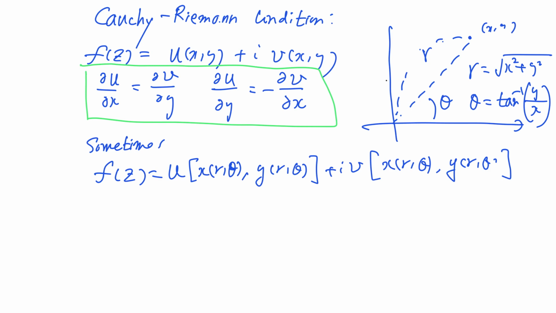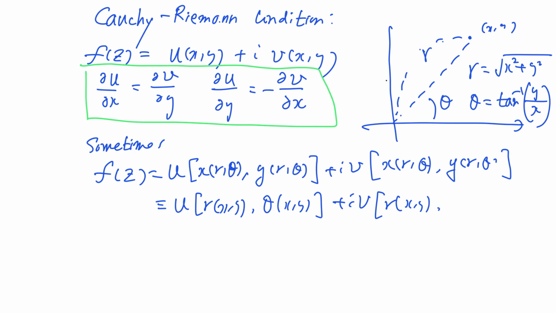So what if, or sometimes you can say u(r(x,y), theta(x,y)) and v(r(x,y), theta(x,y)). So either way, the complex function can be written in terms of r and theta, whether through x and y or through r and theta.